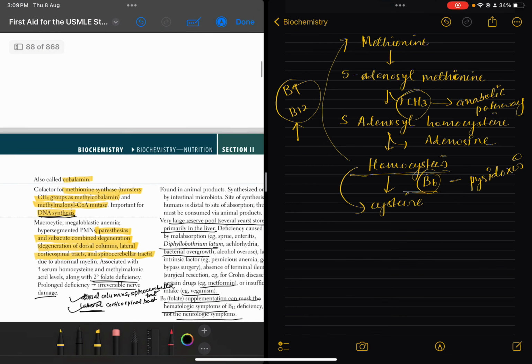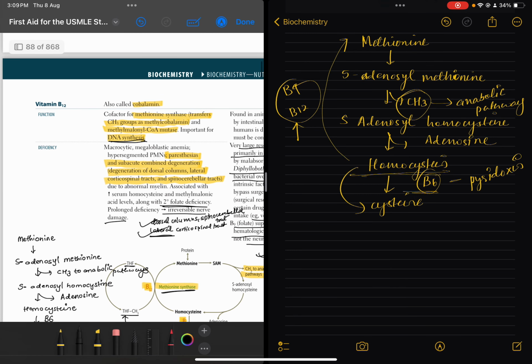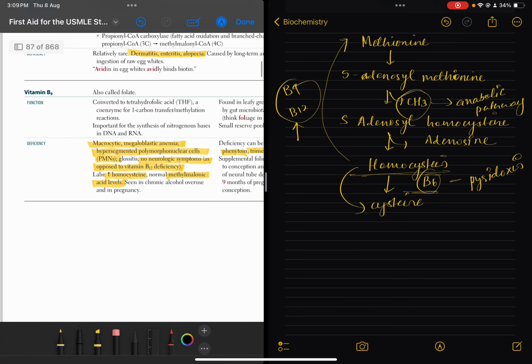So the basic difference between folate and B12 deficiency is that in B9 folate deficiency there will be no neurological symptoms. Only DNA and RNA synthesis will be hampered, and macrocytic megaloblastic anemia and hypersegmented polymorphonuclear cells will be there, but no neurological manifestation.